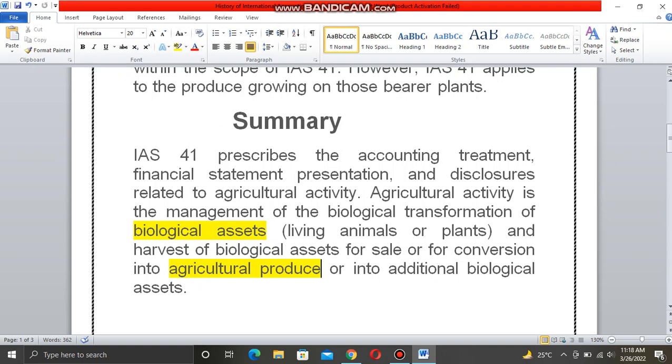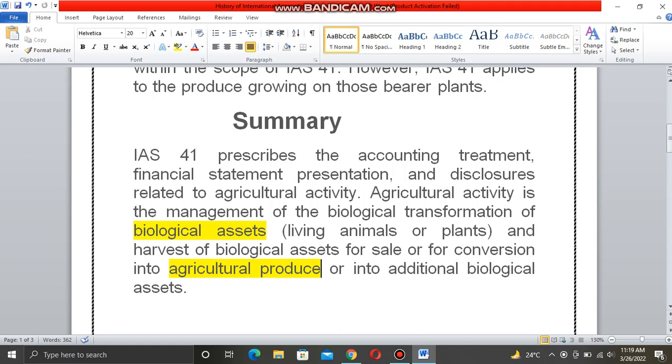For agricultural produce like fruits and milk, IAS 41 applies while it is attached to biological assets. When it is detached from the biological assets, IAS 41 will not be applied anymore. The produce detached from biological assets becomes inventory, and it is dealt with as we have discussed in IAS 2 inventory.